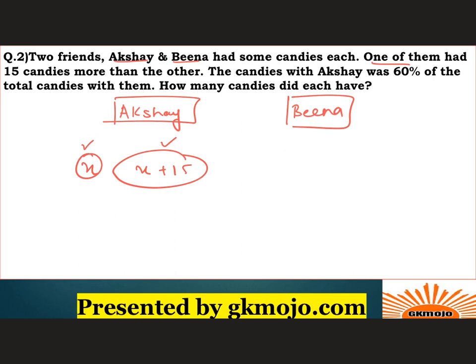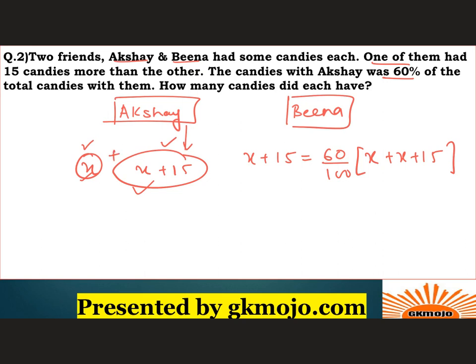What they have told is the candies with Akshay was 60% of the total candies with them. Since Akshay has more than 50%, it definitely has to be x plus 15, because this is greater than x. So x plus 15 is equal to 60 by 100 of the total candies. The total number of candies is x plus x plus 15, just add both the candies.